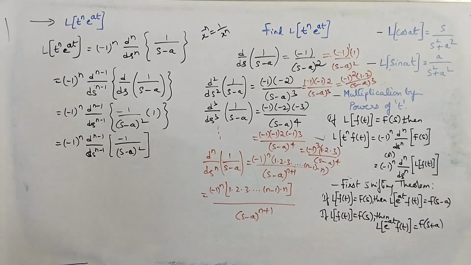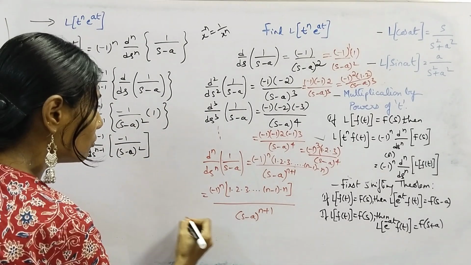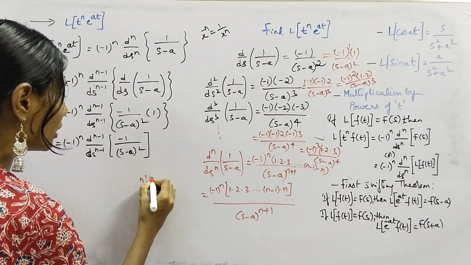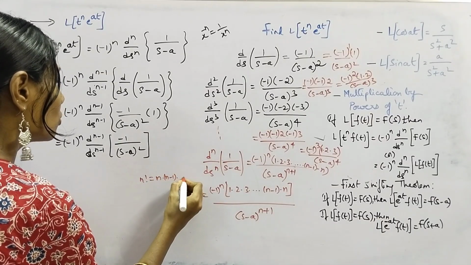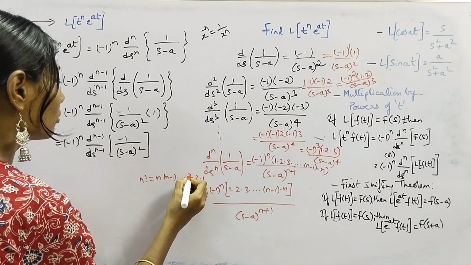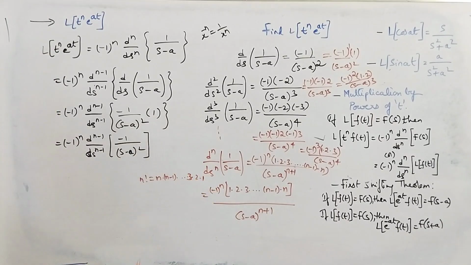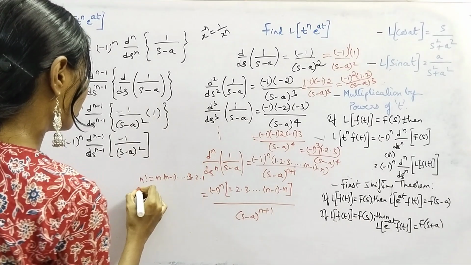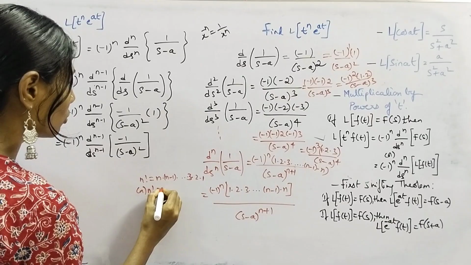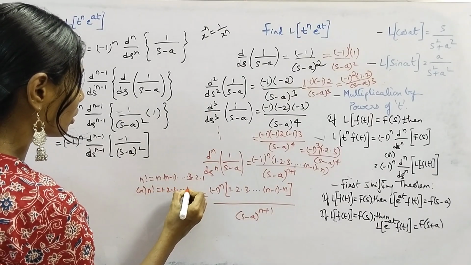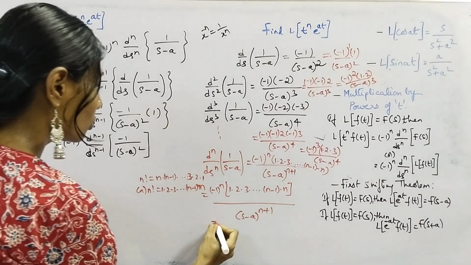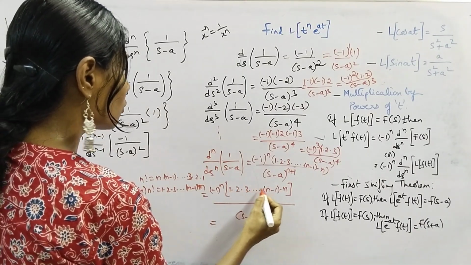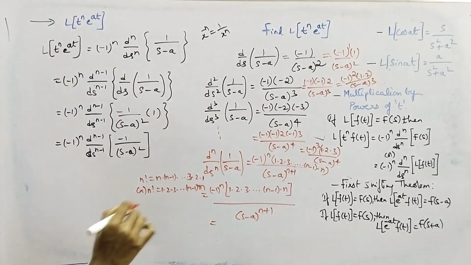Since we know that n factorial is nothing but n into n minus 1 into so on 3 into 2 into 1, or n factorial equal to 1 into 2 into 3 into so on n minus 1 into n, you can just replace 1 into 2 into 3 into so on into n as n factorial.